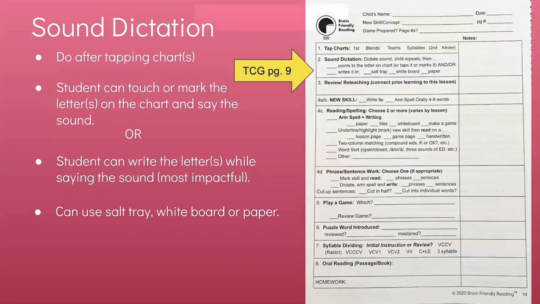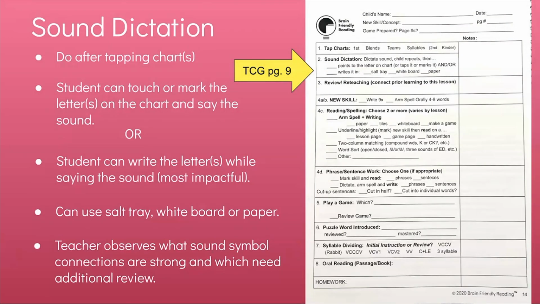And when the student writes the letters while saying the sound, that is the most impactful because saying the sound while writing the letters helps move it into their long-term memory faster. As the student works, the teacher observes and notes which sound symbol connections are strong and which need additional review.